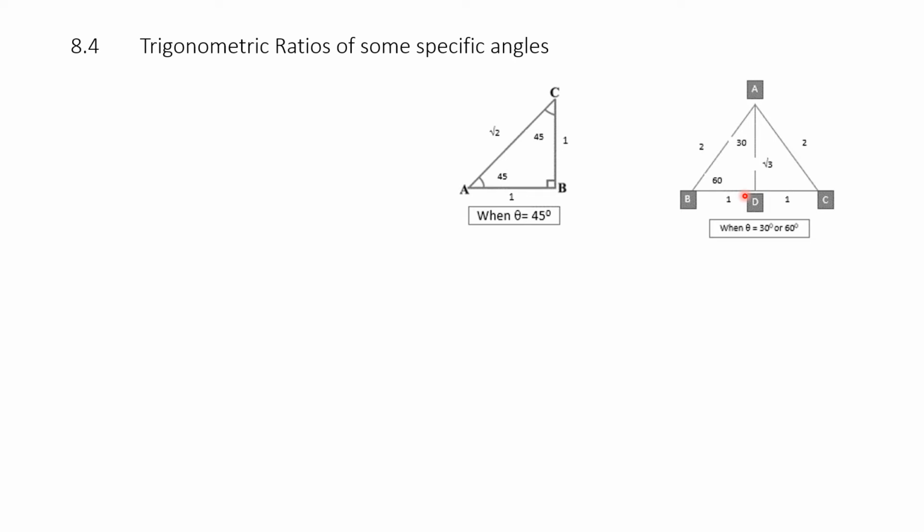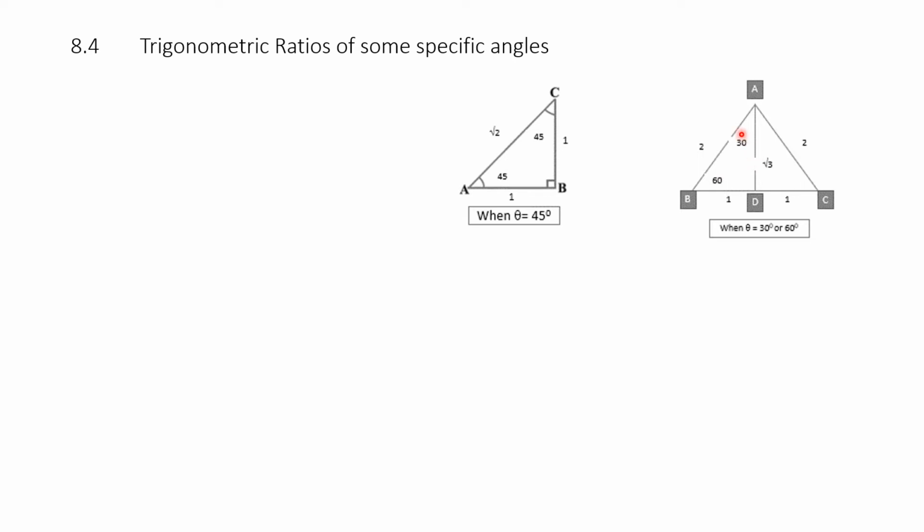If we subtract root 2 square minus root 1 square, we get root 3. AD is equal to root 3. Hence, these sides are 2, 1, root 3.